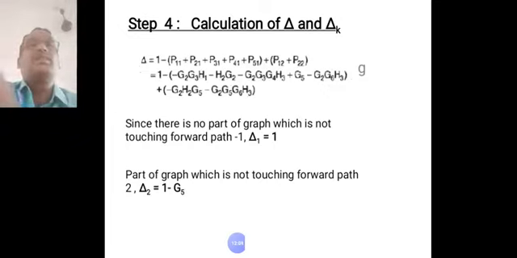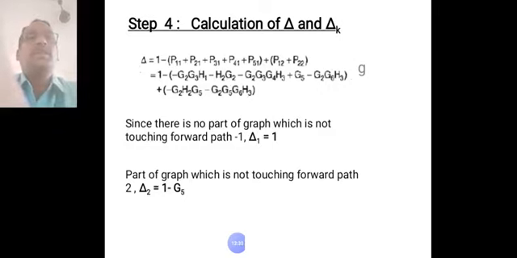So substitute the values: 1 minus the P11 value, P21 value, P31, P41 and P51, and we have already calculated in the previous step the combinations of two non-touching loops, P12 and P22. Substitute every value. Okay, then for the calculation, here the K value is 2.